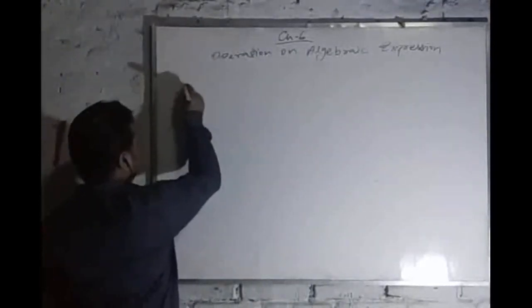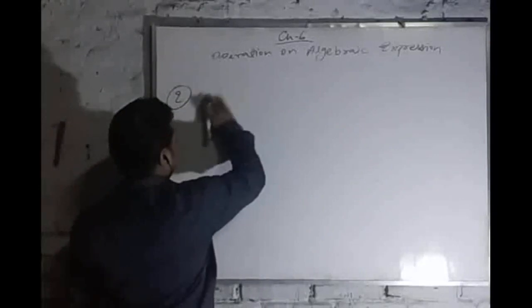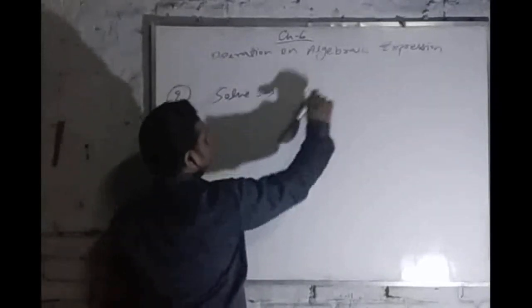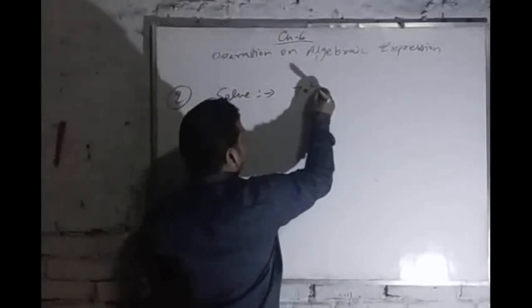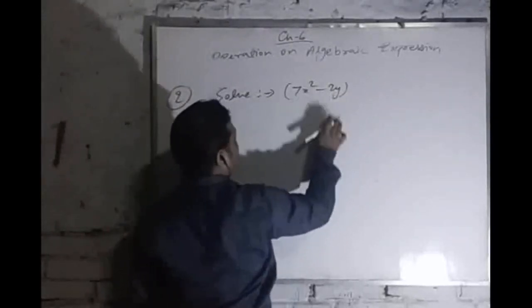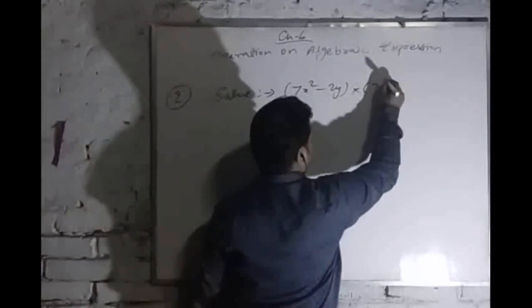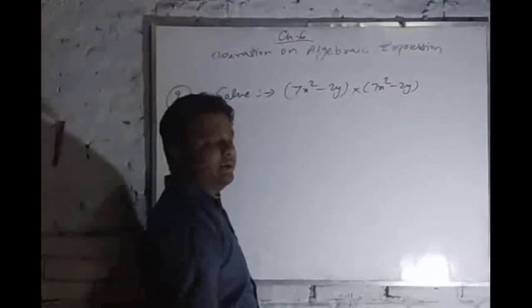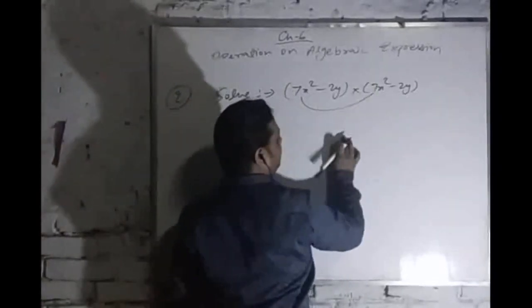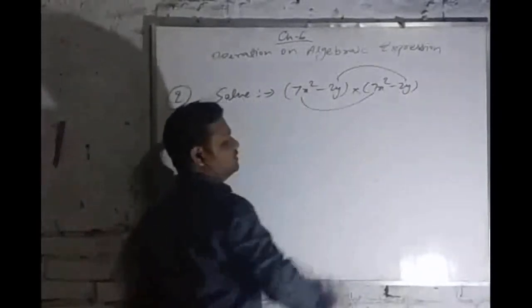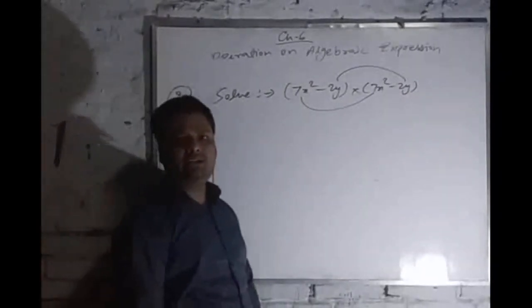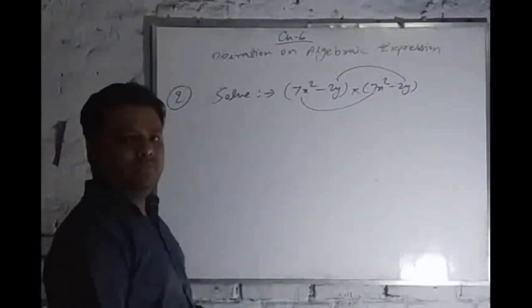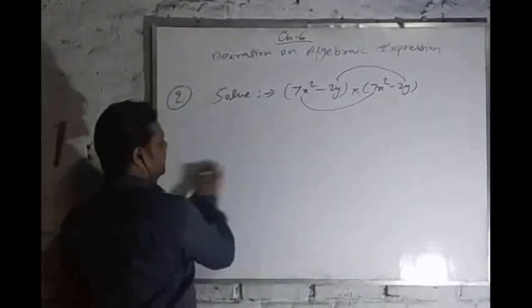Now if the question is to solve (7x square minus 2y) into (7x square minus 2y). Here you can see that the first term is matching, the second term is matching, and the sign is also matching, and the sign is minus. So now we will use the second identity.